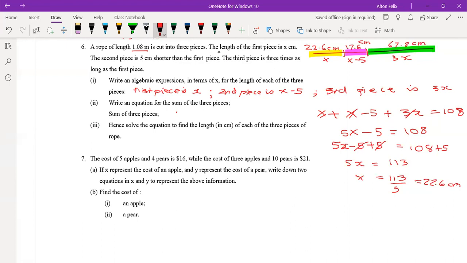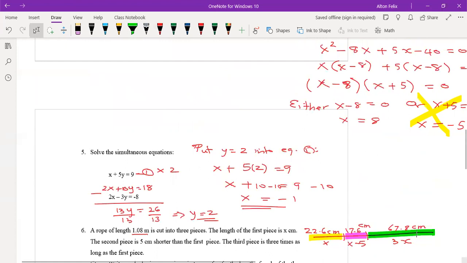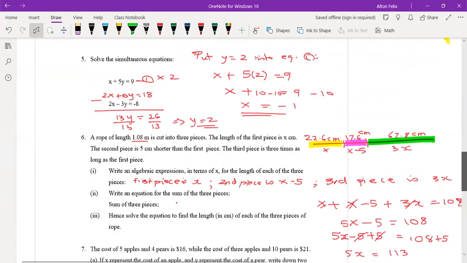Right, so to make sure that you have the right answer, if you add up those 3 pieces, you should get 108 centimeters, right? So let's do that. Let's add up these three.